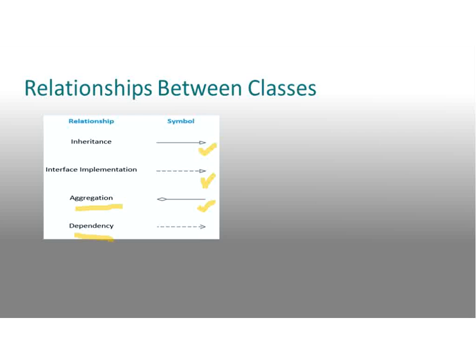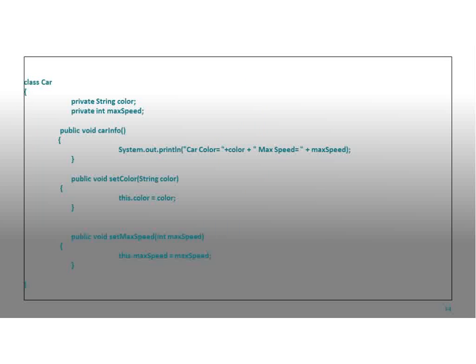For this you use a straight line and a diamond shaped box at the top. And to show dependency, use a dotted line and an empty arrowhead at the top. So these are the four symbols that you use to show different relationships: inheritance, interface implementation, aggregation, and dependency.